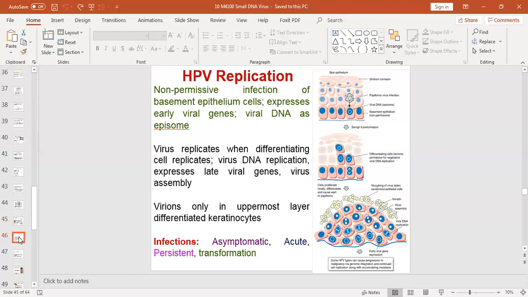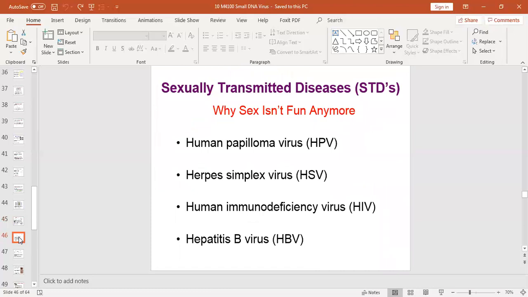Moving to slide 46. Sexually transmitted diseases, or STDs. Don't mix this up with standard deviation that we use in a biostatistics course. So a question that's been posed for a long period of time is why sex isn't fun anymore.